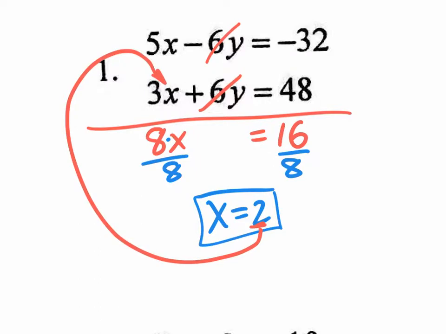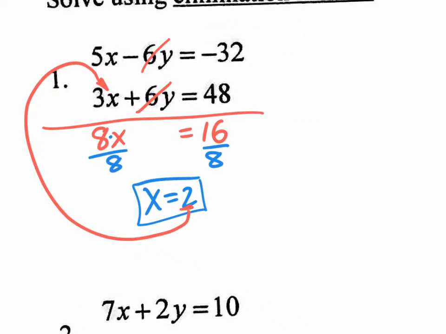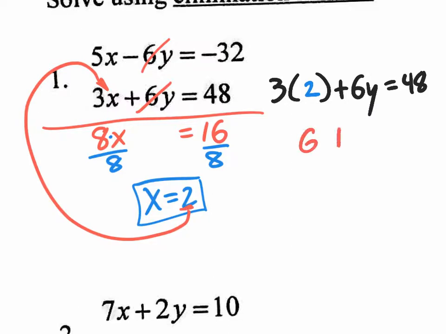So my new bottom equation, 3x plus, I'm sorry. Instead of x, we're going to put parentheses, and we're plugging in that x value of 2. Plus 6y equals 48. So let's just solve this problem. 3 times 2 is 6. 6 plus 6y equals 48.